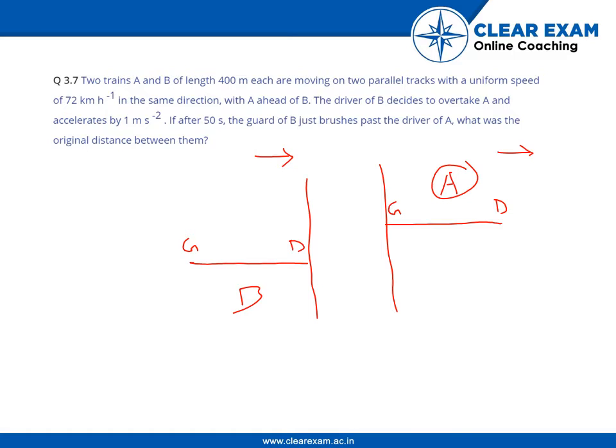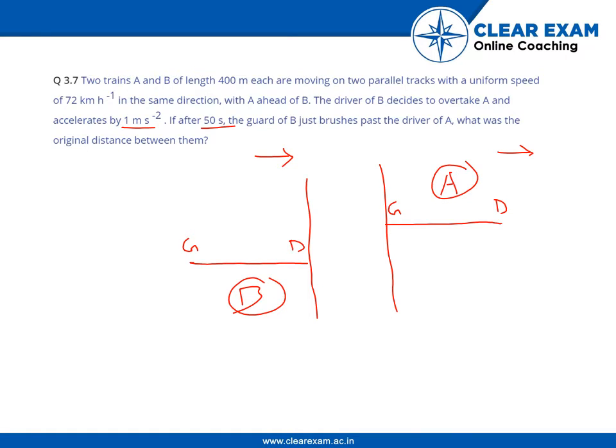It has to accelerate, right? And that's the reason they accelerate the train by 1 meter per second square. And after accelerating it for 50 seconds, this train drives past the train A, right?